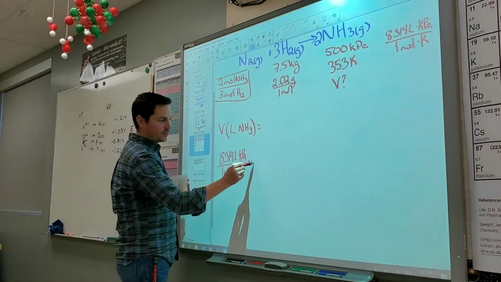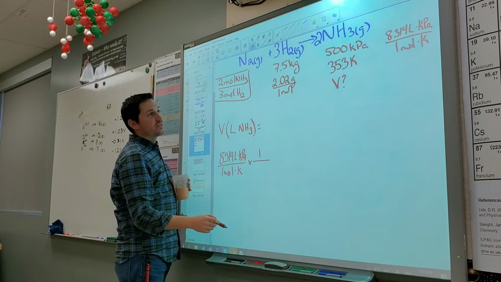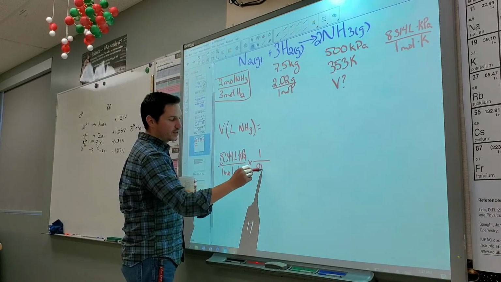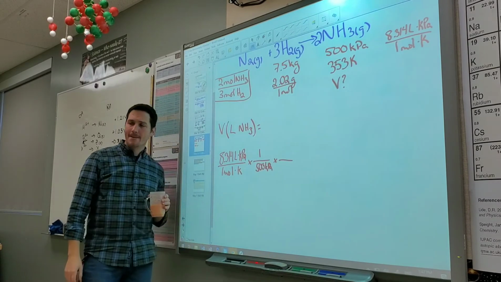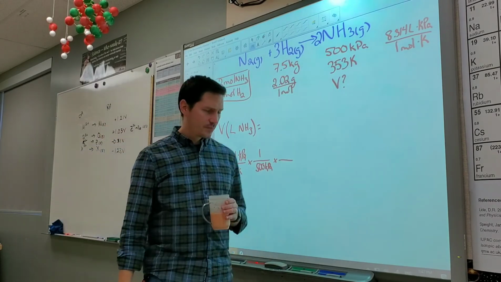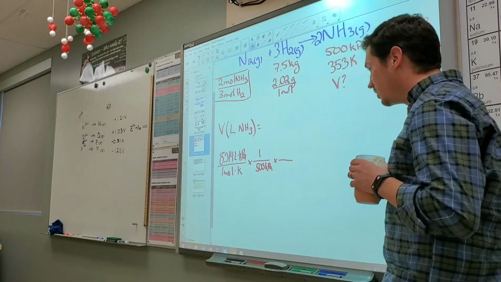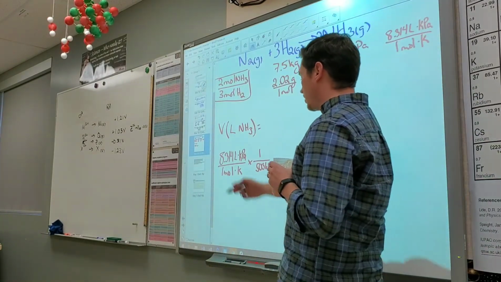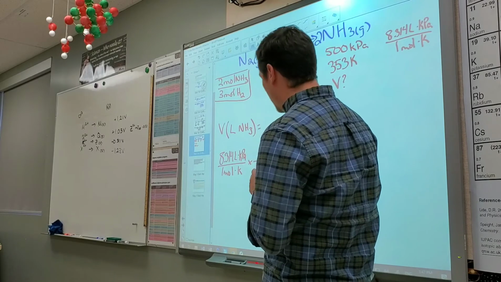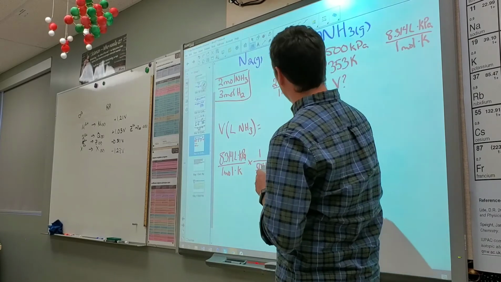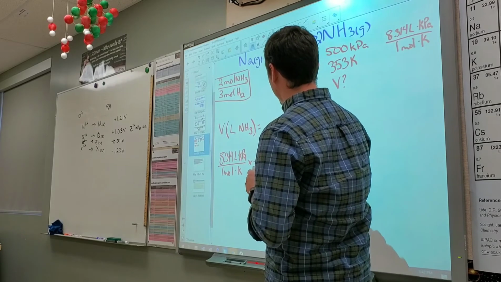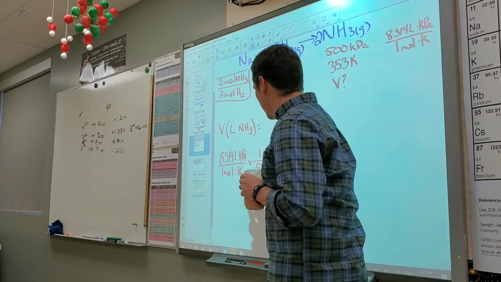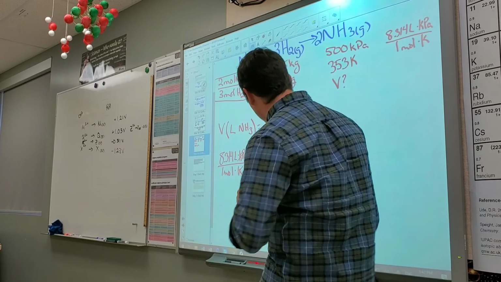We can cancel out kilopascals. So 500 kilopascals. What else do you want to cancel out? Kelvin and moles, right? Let's do Kelvin first. So Kelvin was 353 Kelvin. So Kelvin and Kelvin, kilopascals and kilopascals.